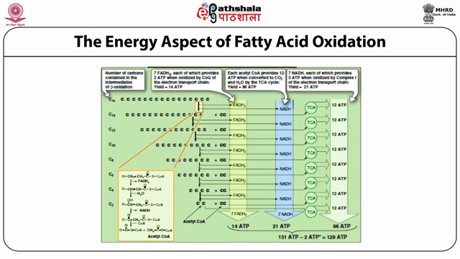The number of ATP formed through FADH2 is 14, through acetyl CoA is 96, and through NADH is 21. These all together result in the formation of 131 ATP, and since 2 have been utilized in the steps, an overall 129 ATP is formed.